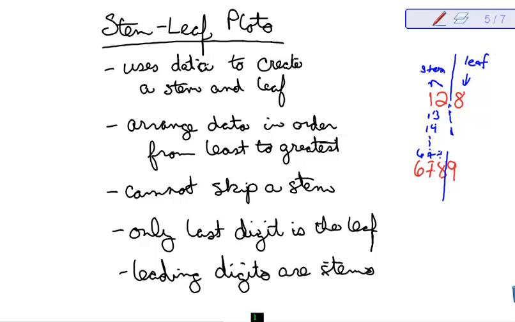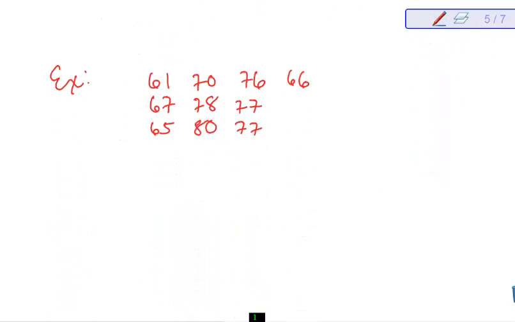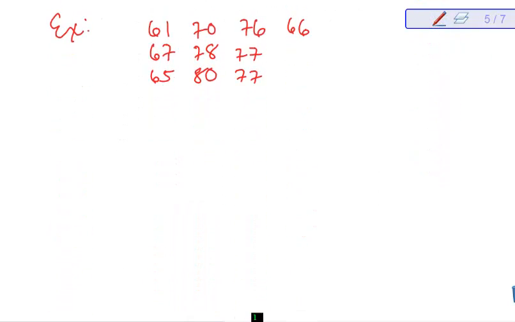So let's look at an example. We have the numbers 61, 67, 65, 70, 78, 80, 76, 77, and 66. And we want to create a stem leaf plot with this.